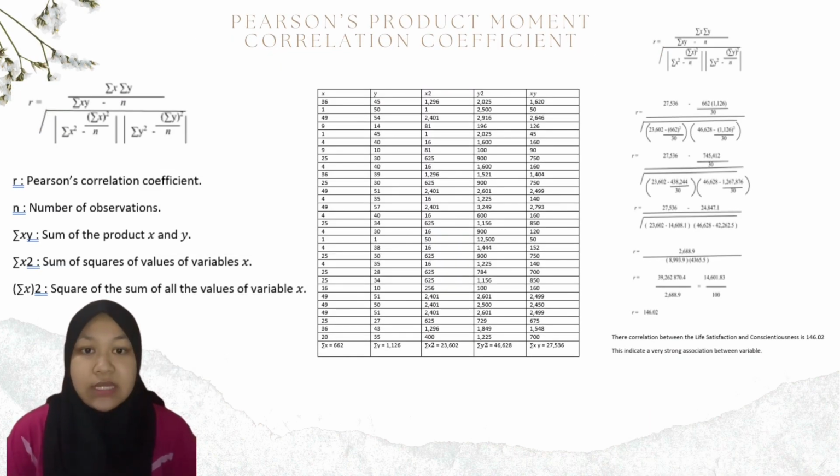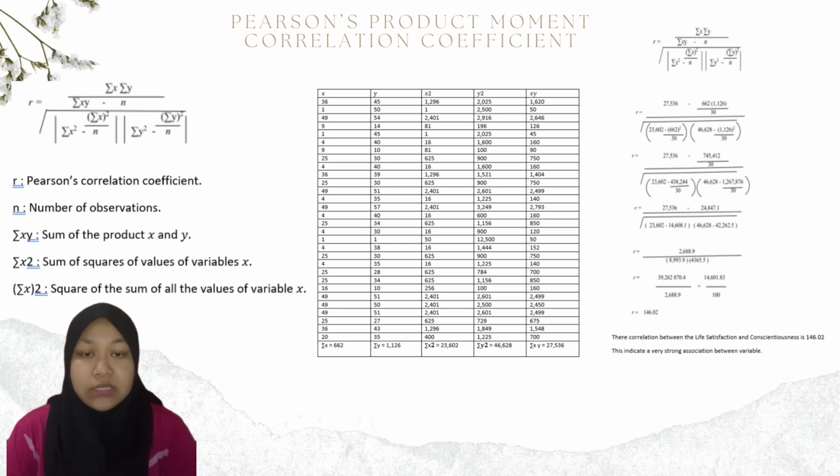Next, I will discuss the Pearson product-moment correlation coefficient. We use the following formula to find the Pearson correlation coefficient. This data is used to calculate it. We have 30 data. After we calculate all 30 data, we enter the data into the formula.